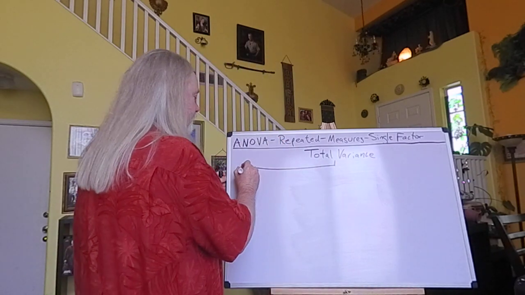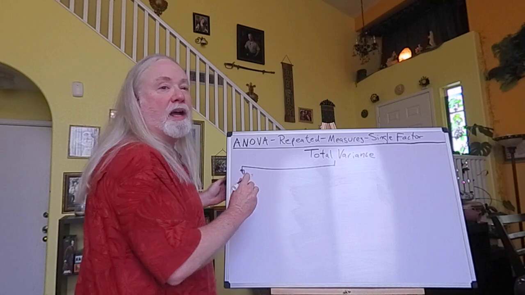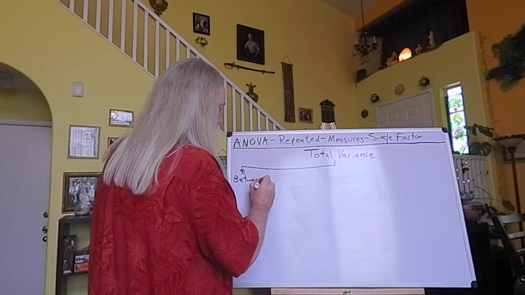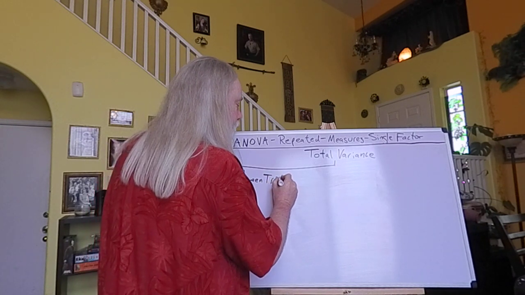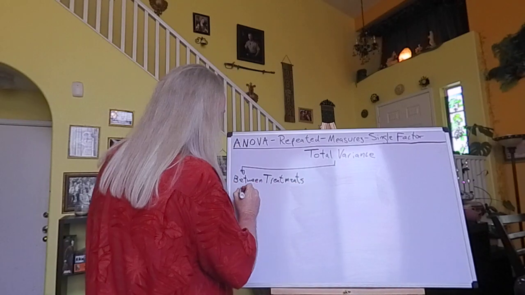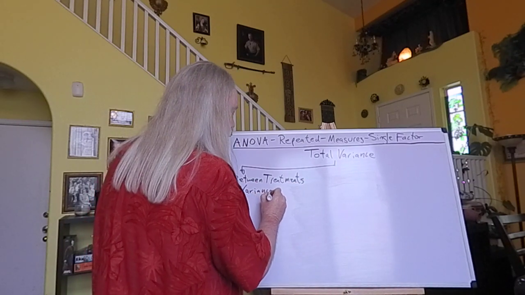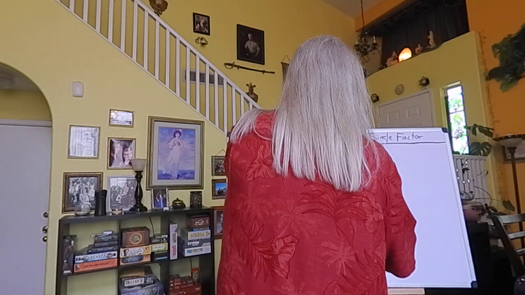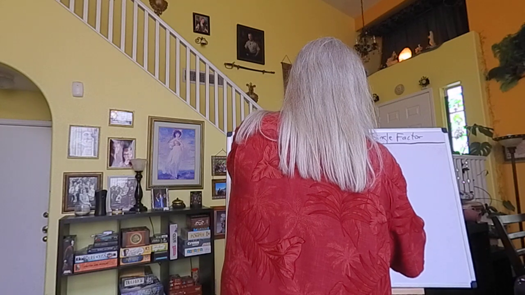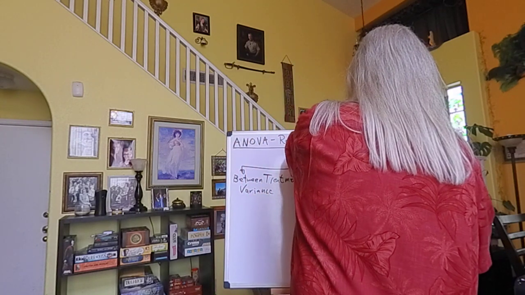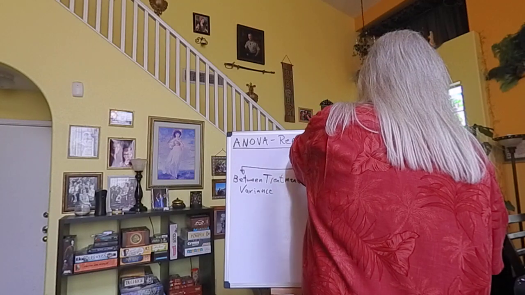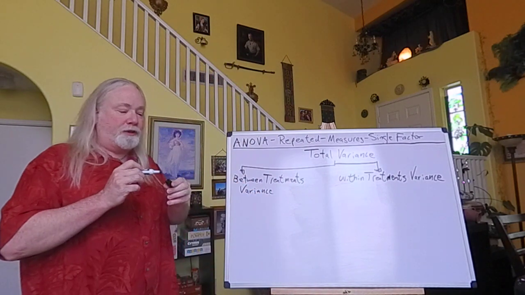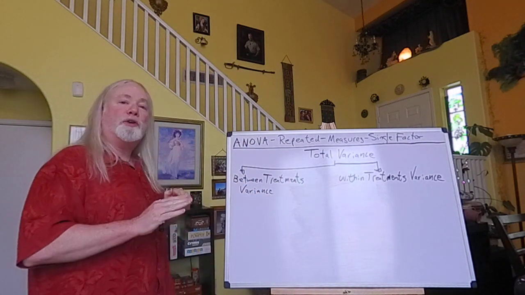We broke that out, I'm going to draw it just a little bit different with the arrows here, as a between treatments variance and a within treatments variance. This is what we did last chapter. It's also what we do this chapter.